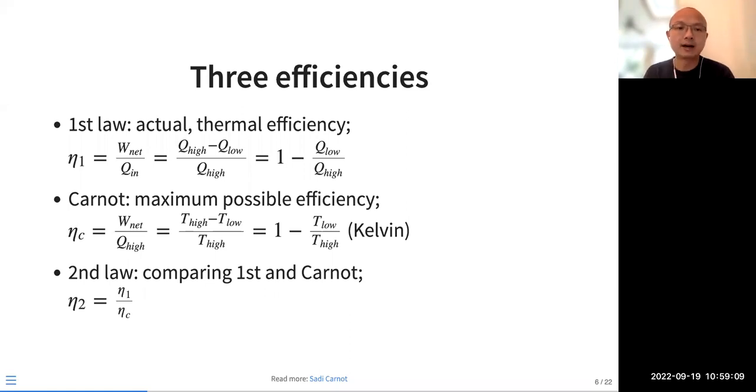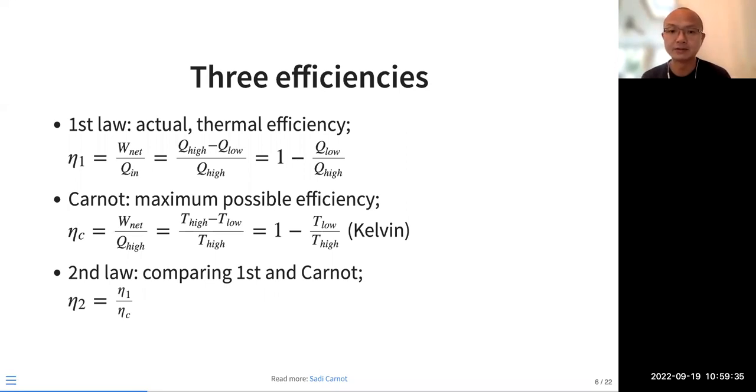There's also a Carnot efficiency, which is the maximum possible efficiency of any heat engine or thermodynamic system. It has to do with the temperature. High temperature minus lower temperature, divided by high temperature.